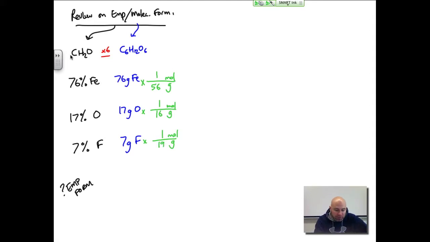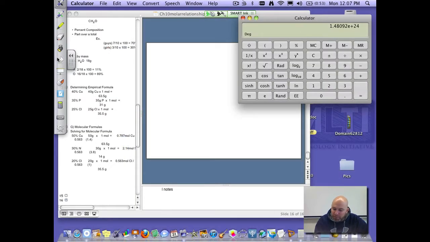Okay, so now I'm going to solve. I've already done this one, but if you want to see it, we go 76 divided by 56, and I'm dividing because that number is in the denominator.